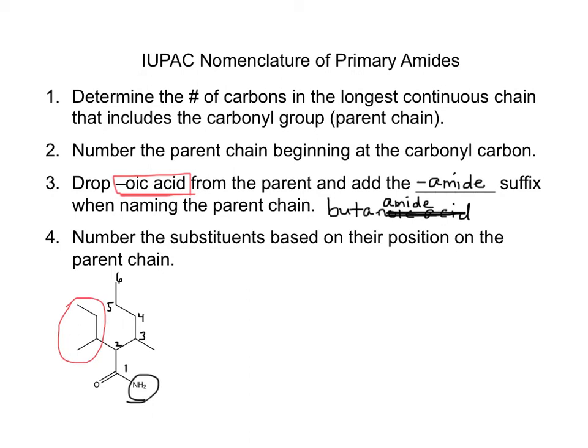Sec-butyl, remember, we alphabetize by B. So we will have 2-sec-butyl, 3-methyl, and there are 6 carbons. If it were a carboxylic acid, it'd be hexanoic acid. So we got the hexane part. We're dropping oic acid and putting in amide, A-M-I-D-E, hexanamide. So 2-sec-butyl, 3-methyl, hexanamide.